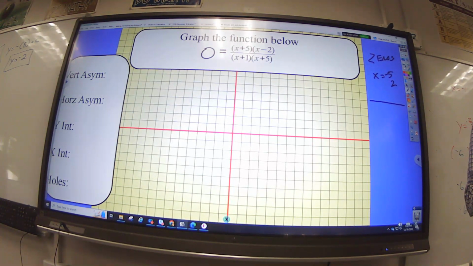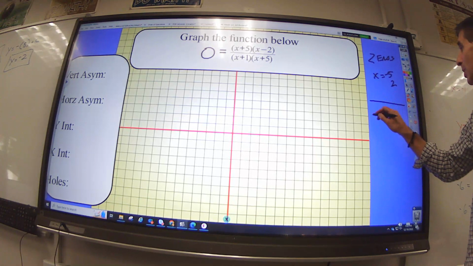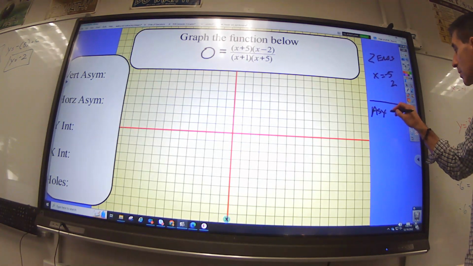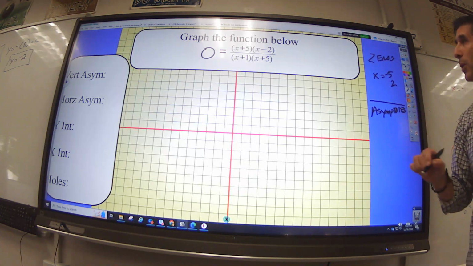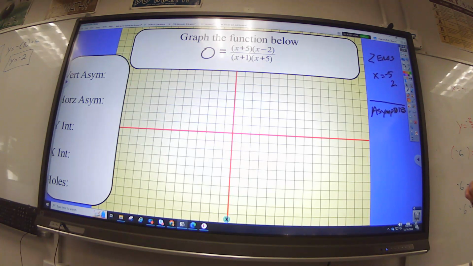Alright. Next, I have to solve for the asymptotes. You guys remember what the asymptotes are? Oh, I just realized something as I'm looking at the zeros and the asymptotes.